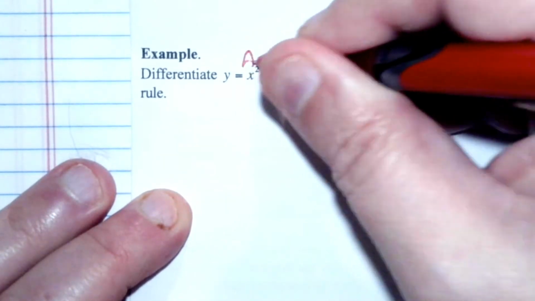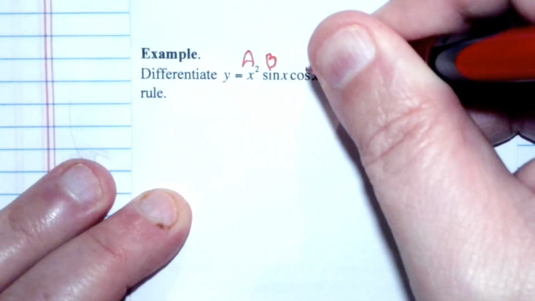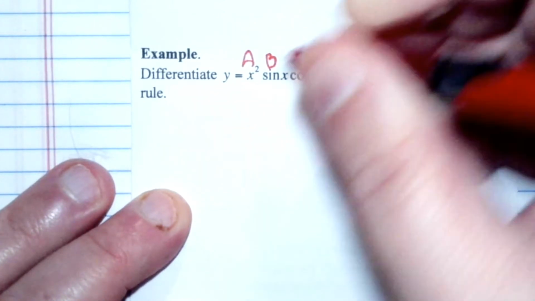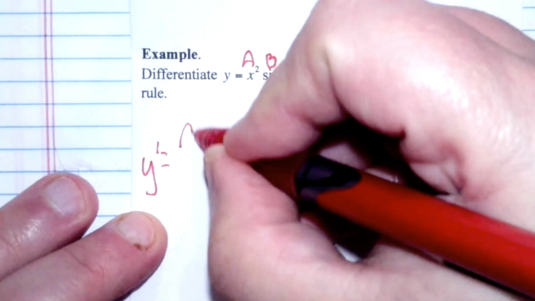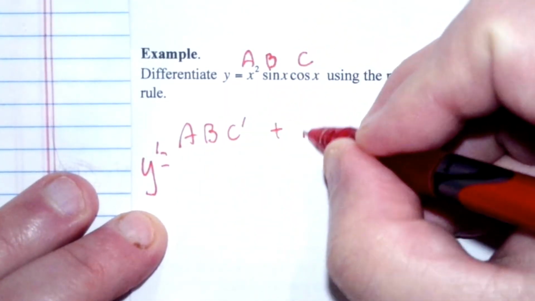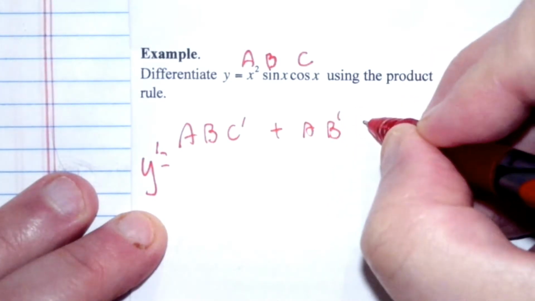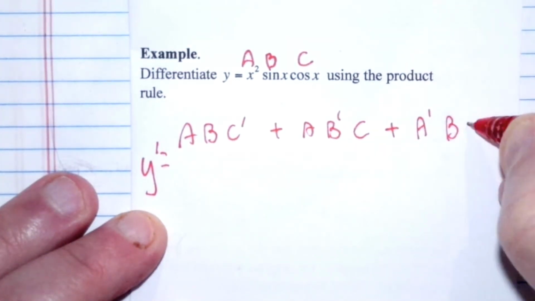So x squared I'm going to call a, sine x is b, and cosine x is c. So y prime is a b c prime plus a b prime c plus a prime b c.